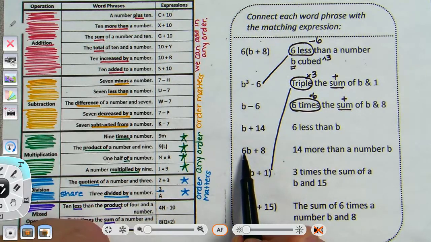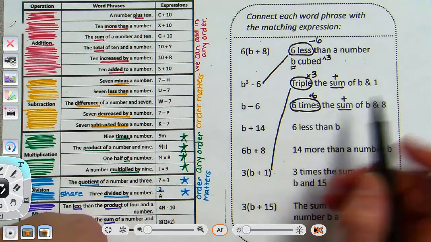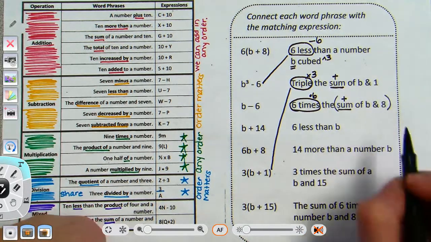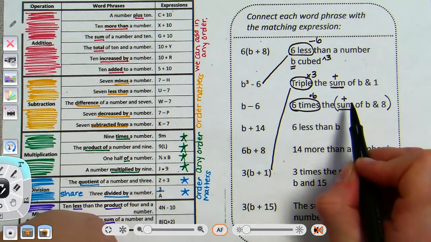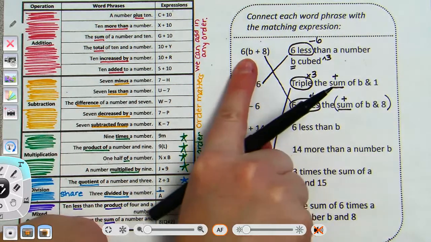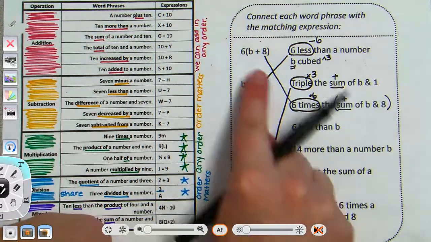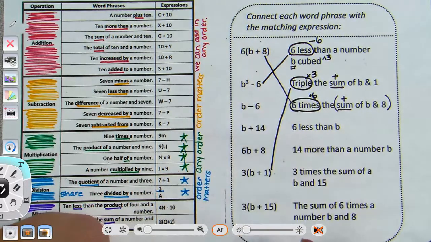However, this 6 is only stuck to the b. But over here it tells me 6 times the sum, and I know the sum is an answer to an addition. So we've got to keep this addition happening together. We're going to get the sum, then we can do 6 times. So this is matched to this top option. We have to find the sum first, see our parentheses, then we can do 6 times.